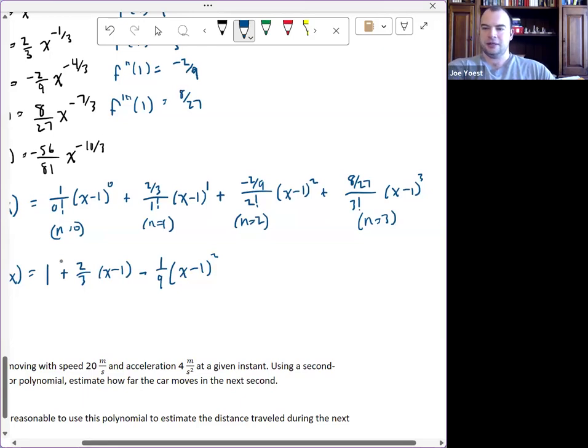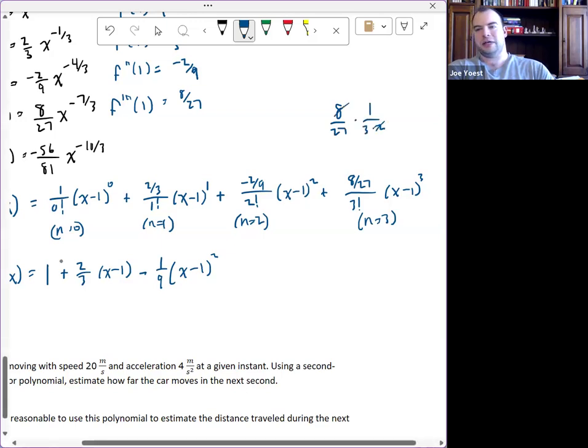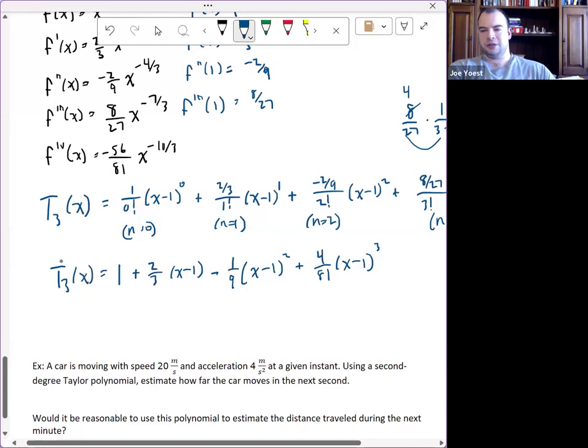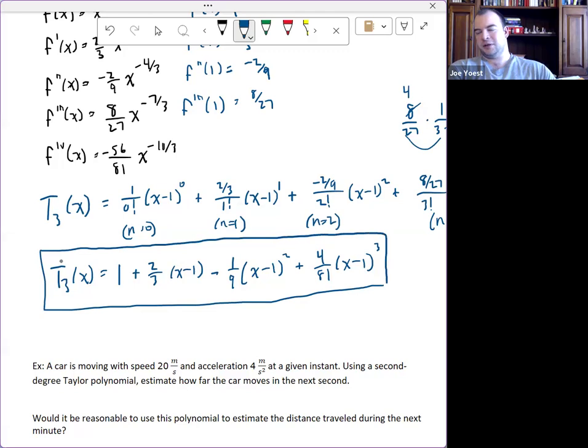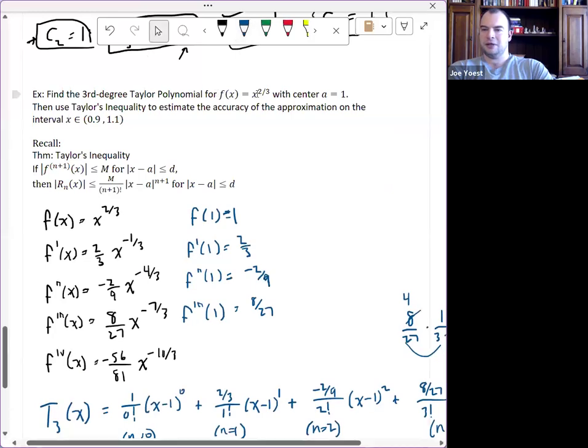And then what do I have here? Well, 8 over 27 times 1 over 3 times 2. This 2 divides with one of the 2's in the 8, and the 27 times 3 makes an 81. So I have a plus 4 over 81 times x minus 1 cubed. So this would be my cubic approximation centered at 1 for this function, f of x equals x to the 2/3.